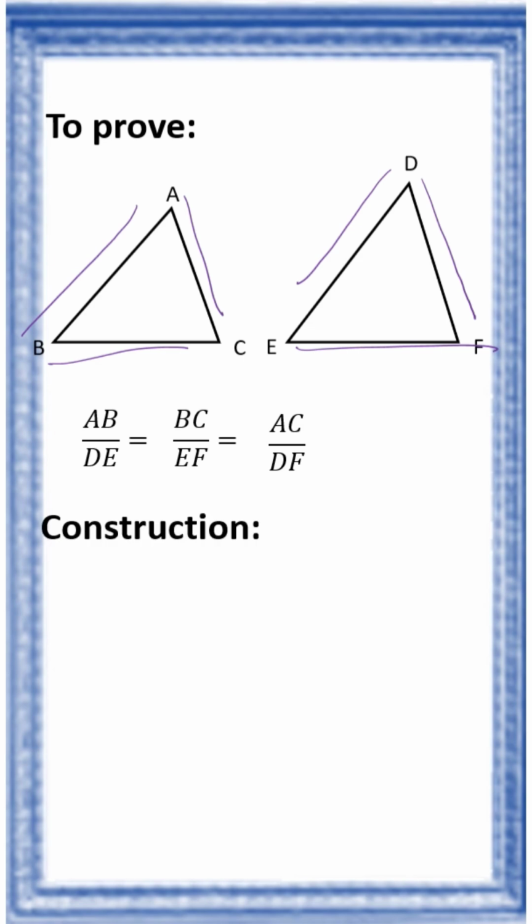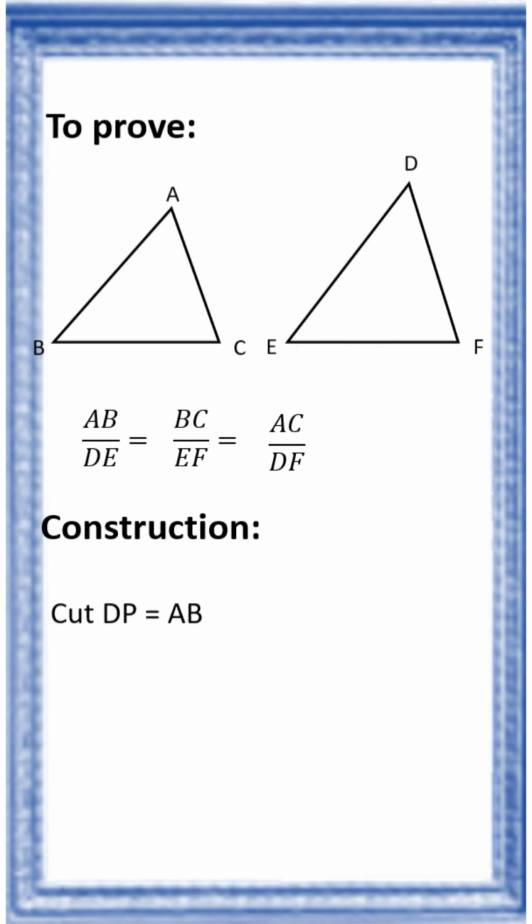Construction is there. For all the three theorems there is the same construction. Now we have to cut DP which is equal to AB and DQ which is equal to AC and join PQ. Now name the points as P and Q.